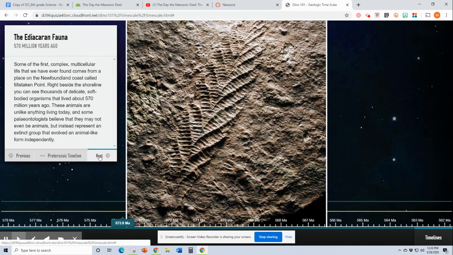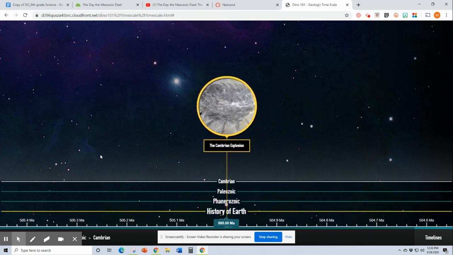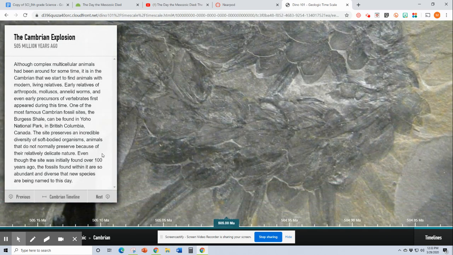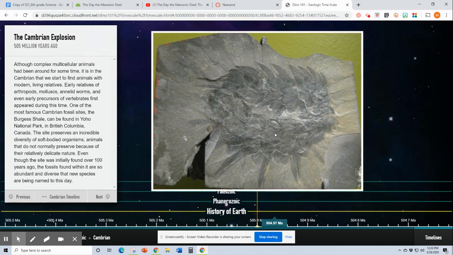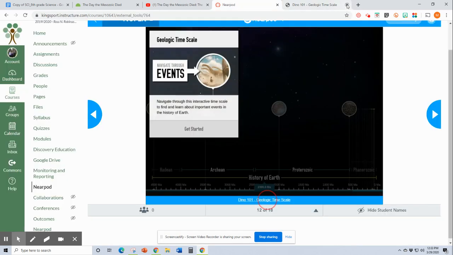But again, the idea that things are getting more complex. And here we have arrived at that Cambrian explosion. And we start to see a lot of evidence of more complex organisms there. So I'm going to get out of this. Okay. So spend some time there.